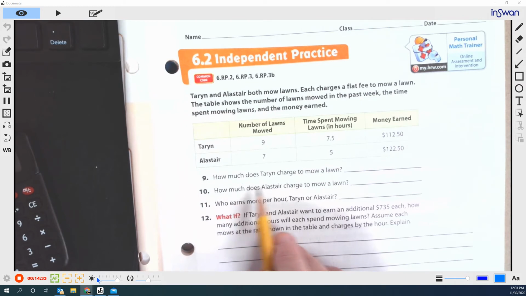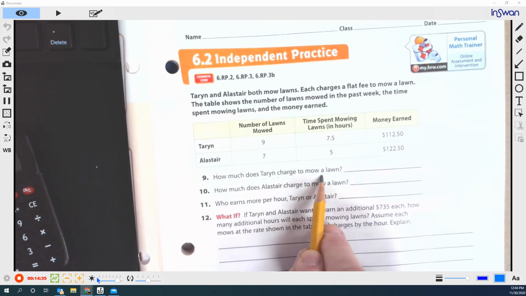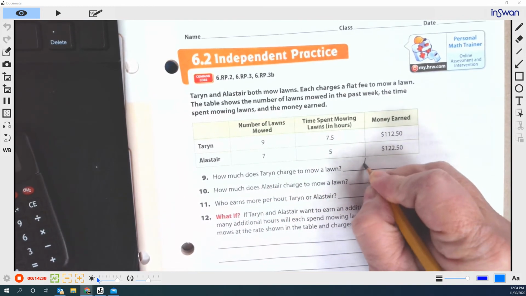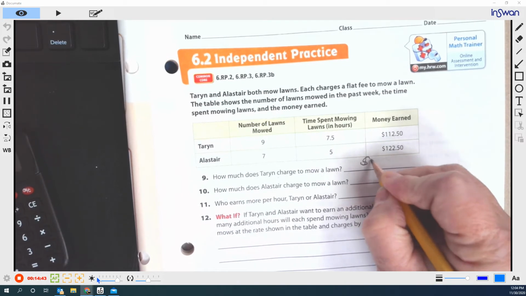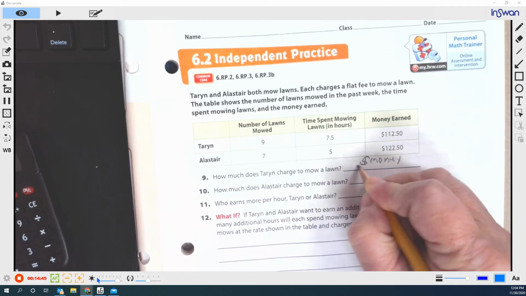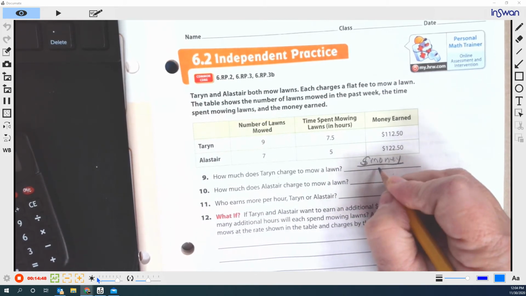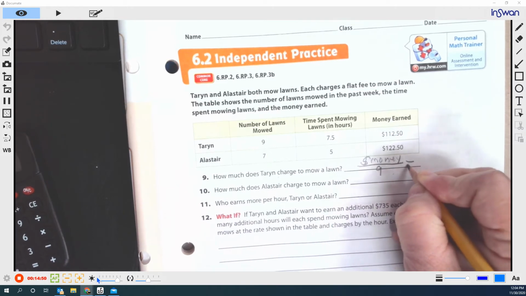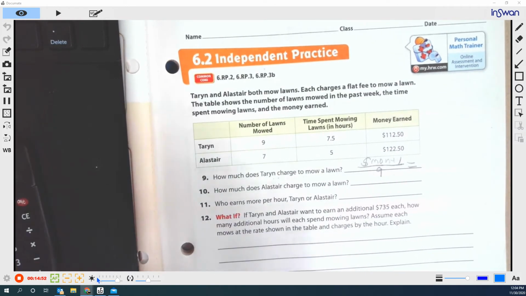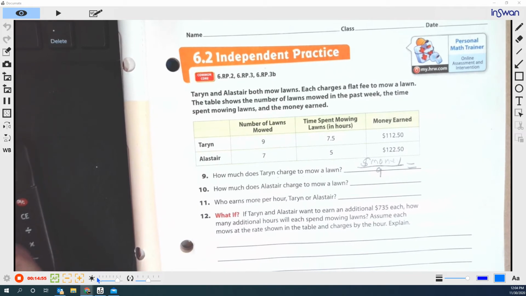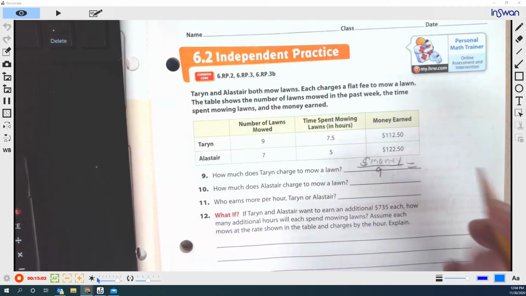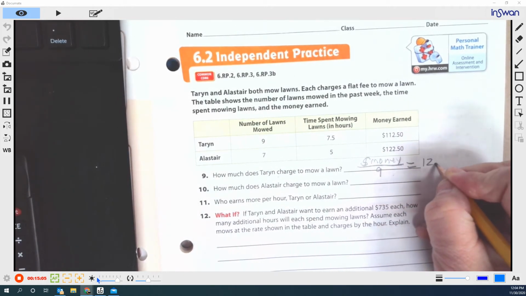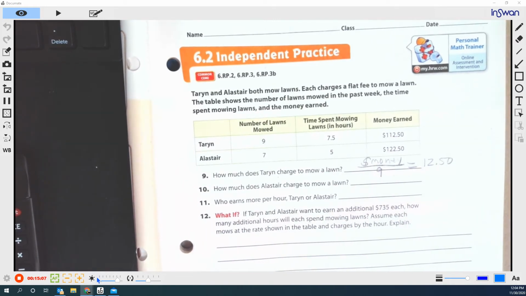If I look at how much Taryn charges to mow a lawn, I'm going to take the money earned, divided by the number of lawns, and that would tell me how much he charges per lawn. So if I did 112.50 and divide that by the 9, then that shows me that he charges $12.50 per lawn.